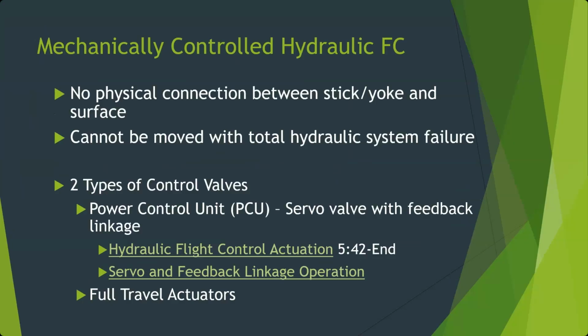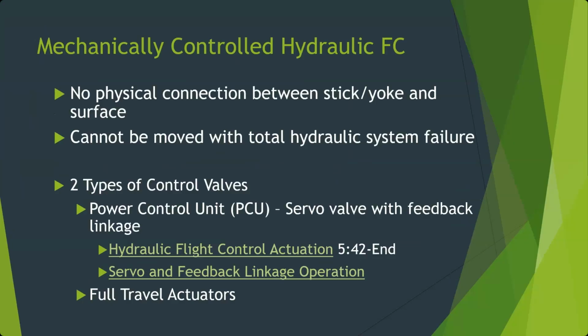There are cases too where we have full travel actuators, and those are either all the way open or all the way closed, or all the way extended or all the way retracted, and they don't have that feedback or servo mechanism. So those are used more for something like a dedicated ground spoiler, where when the aircraft lands, the spoilers fully extend, and that's the only time they ever extend.